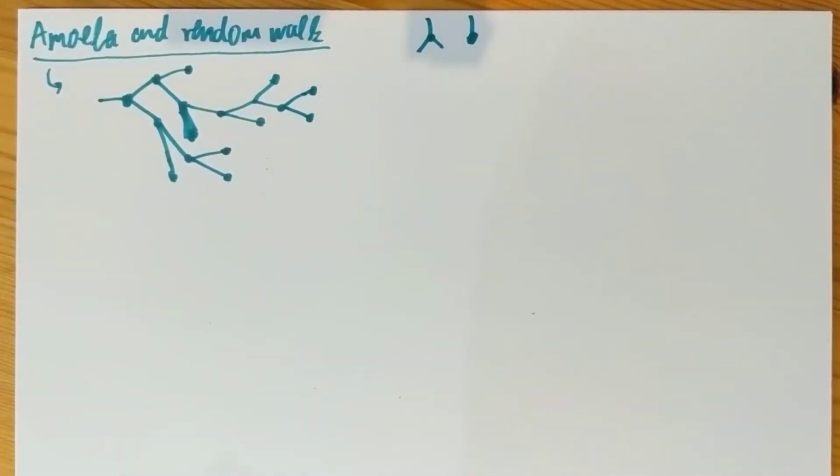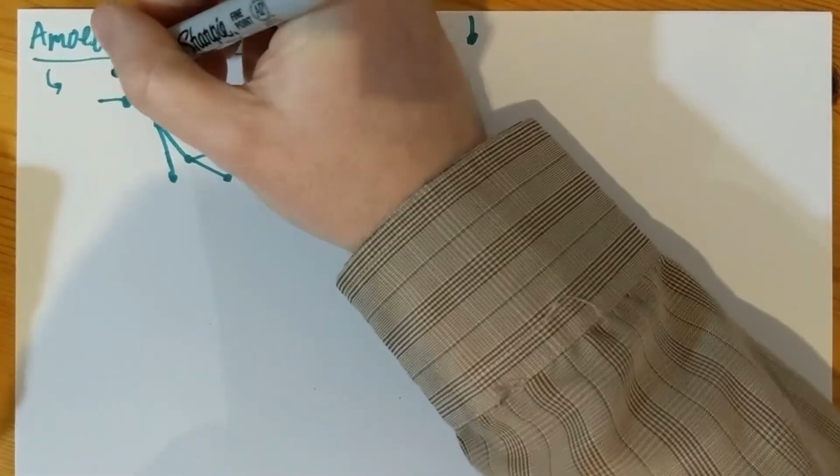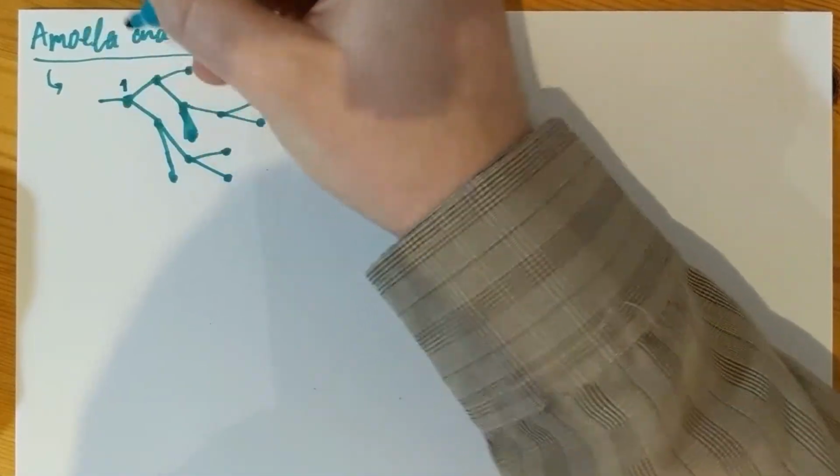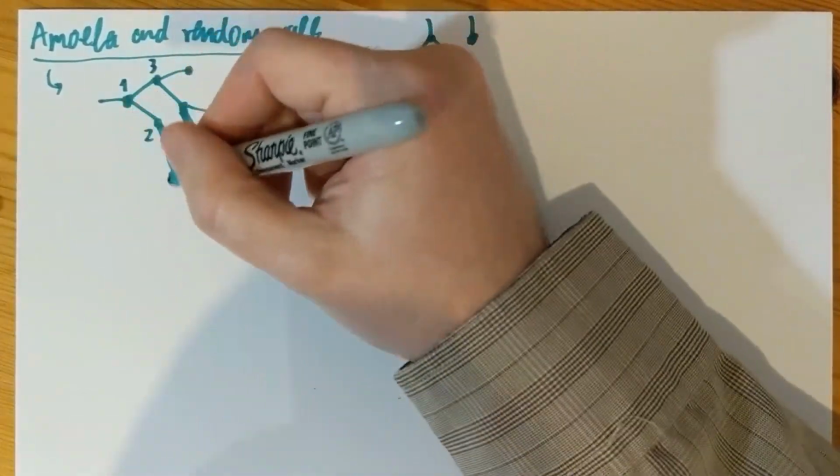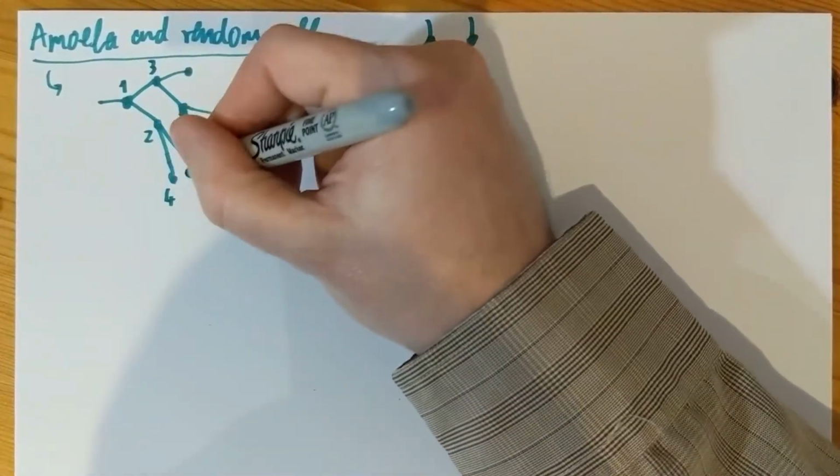Suppose that this is the process, and what I'm going to do now is ask every amoeba whether they want to branch or not, and record what I see. I'm going to enumerate them, so this is going to be 1, 2, 3. Notice I'm doing this in a breadth first manner.